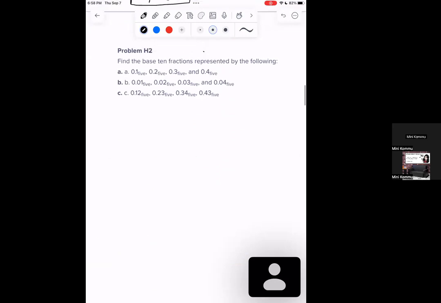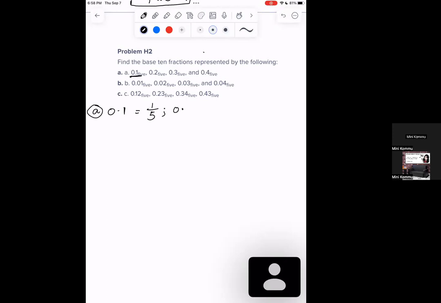Now, second problem, you can solve it, but it is honestly very, very logical. Let me tell you why. You have 1 in which place? You have 1 in 1/5 place. So 0.1 will be what? 1 over 5. So I'm going to write it over here. 0.1, 1 is in the 1/5 place. So it will be equal to 1 over 5.